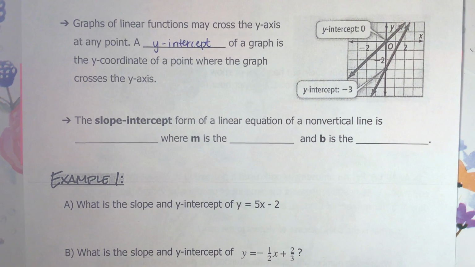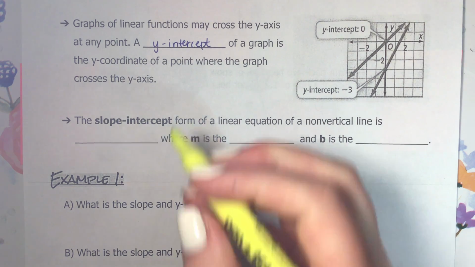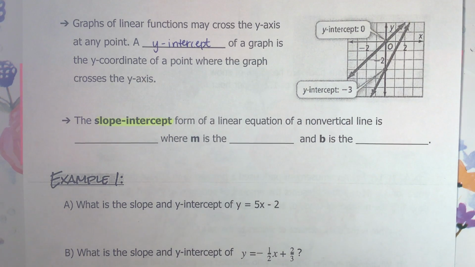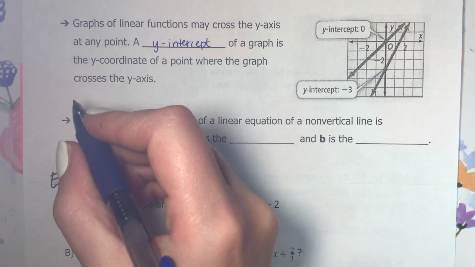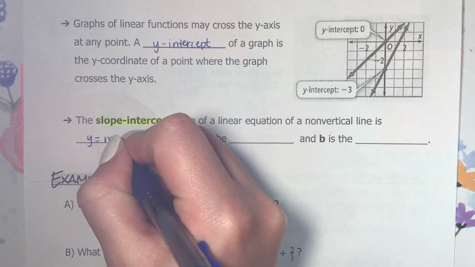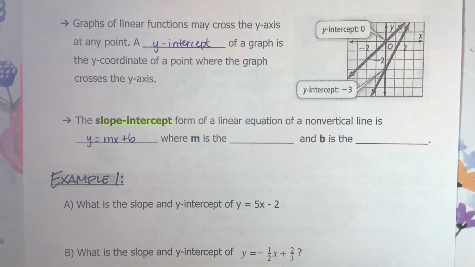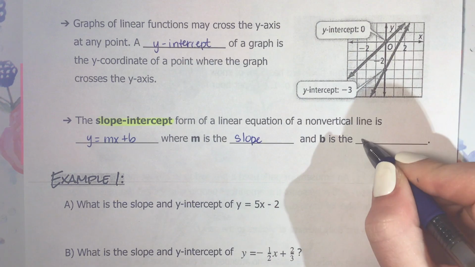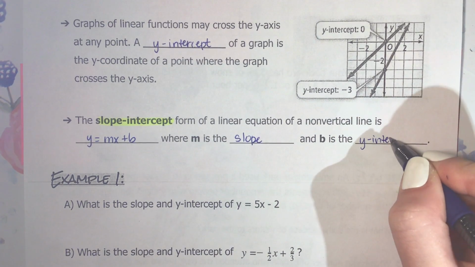Now, we're getting into what we're really going to be talking about today. It's called the slope-intercept form. The slope-intercept form of a linear equation that is not vertical, because remember, a straight up and down line is not a function, is y equals mx plus b, where m is the slope and b is the y-intercept.